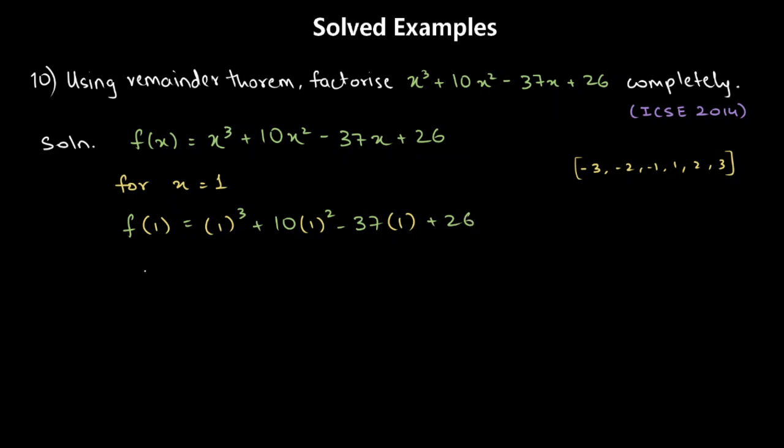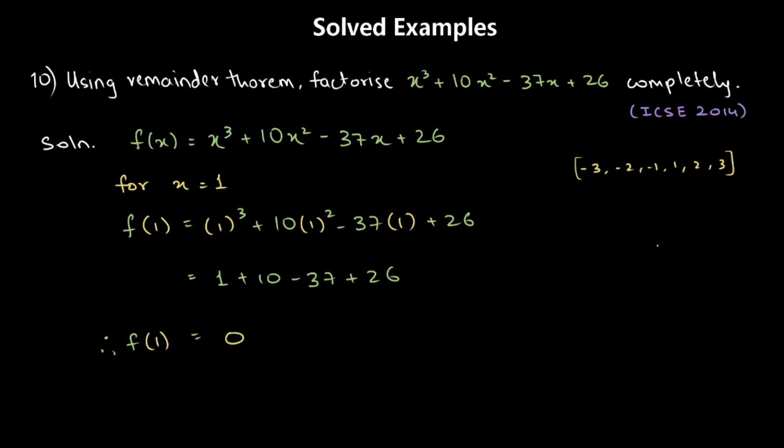So f of 1 is equal to 1 cube is 1, 10 into 1 square is 10, minus 37 into 1 is 37, and plus 26. So I can say the value of f of 1: 1 plus 10 is 11, 11 minus 37 is minus 26, plus 26 is 0, right?